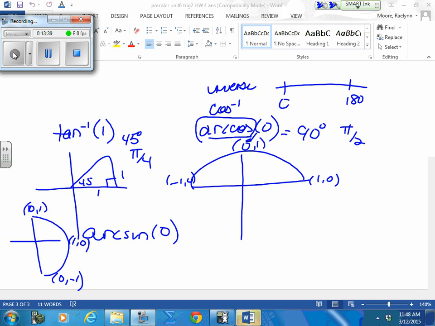Now, why could it not be 90? Because it's 1, but this 0 and this 0 are in the same position. It could only be one angle in the restricted domain. So if I said I don't remember which one it is, the X or the Y, it can't be these two zeros. So it's got to be this guy. 0 degrees or 0 radians.